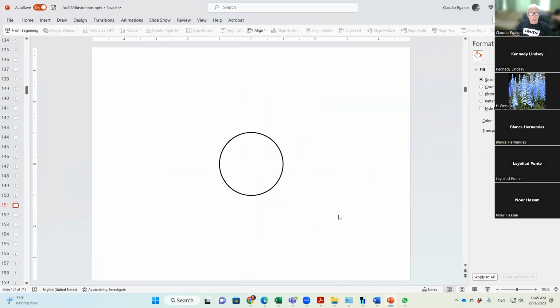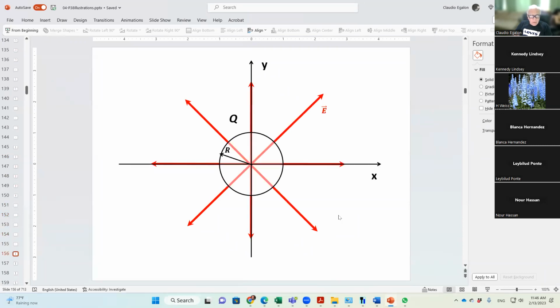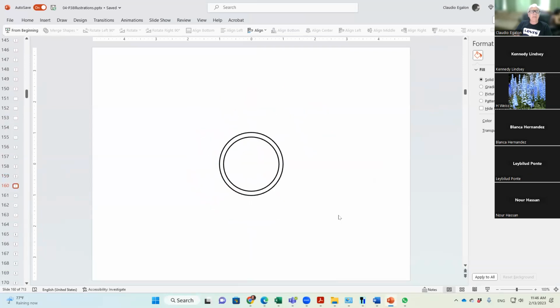Now, what we are going to do is solve for the electric field of a spherical shell that's very thin. That's the spherical shell. It's positively charged, and we do exactly the same procedure that we did before.